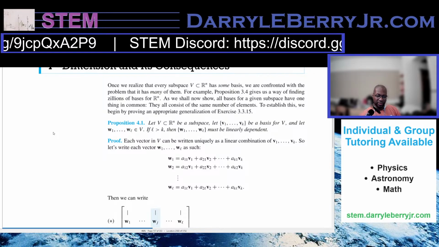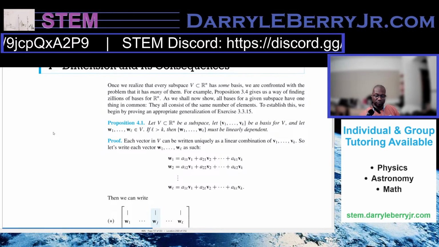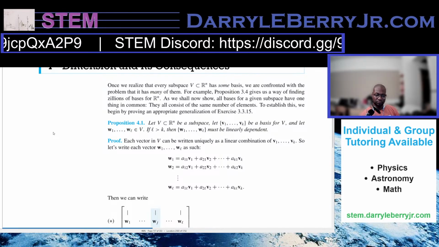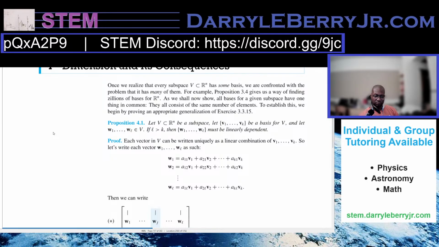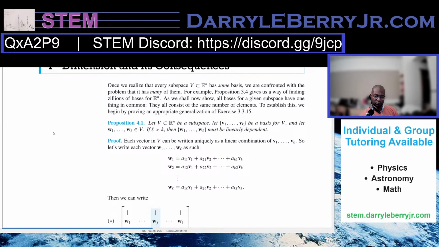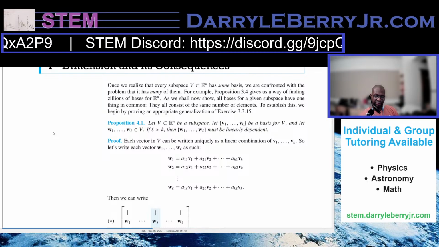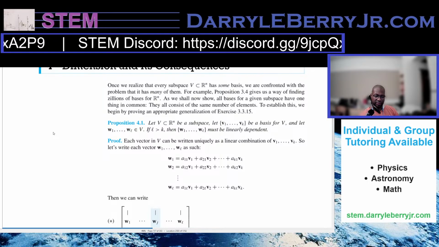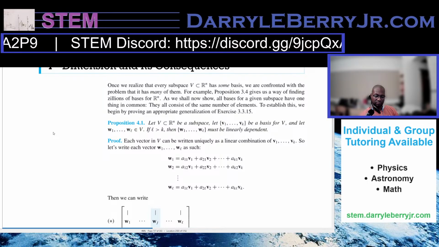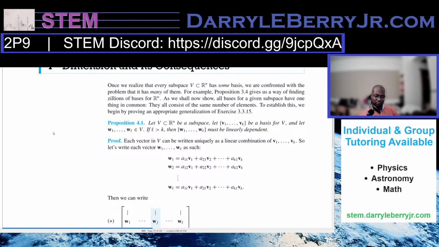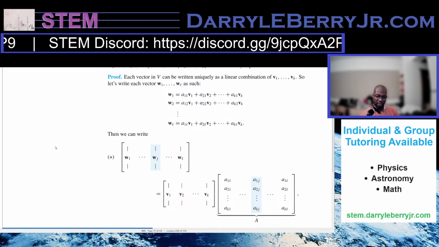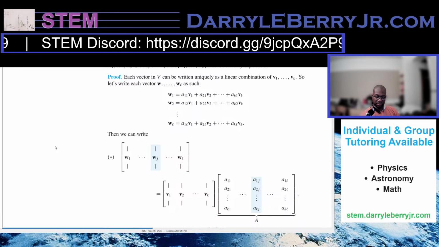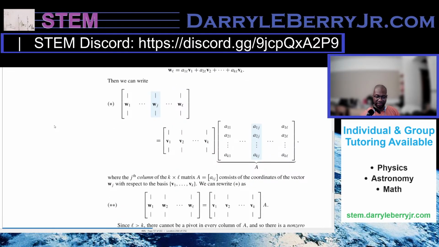So W is in V. So W can be written as a linear combination of V since it's in the space V. But there's an extra W. So the matrix is the matrix that turns V into W since W is in the space.